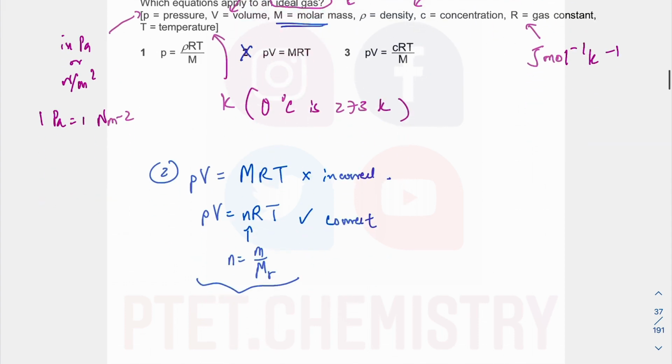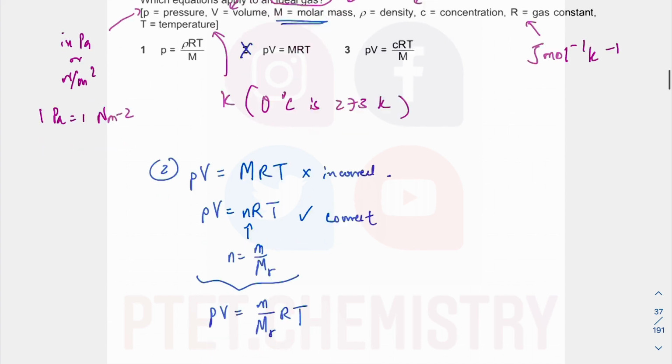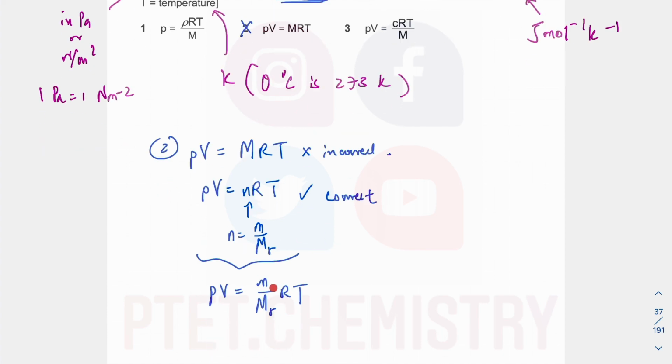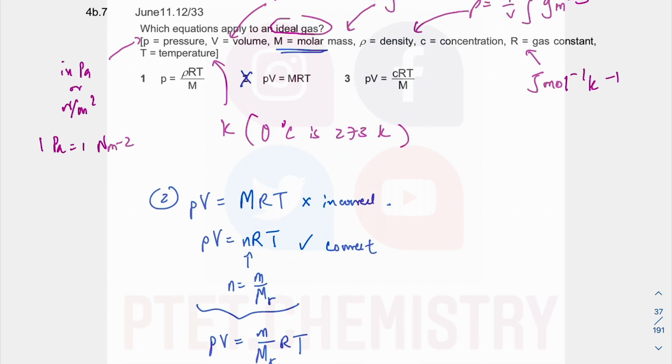The correct form should be m over Mr times RT. Big M here stands for molar mass. Your molar mass is at the bottom, not on the top, and you have m over Mr. You don't have just molar mass. So 2 is incorrect. Really, you're only left with 1 being the correct answer.